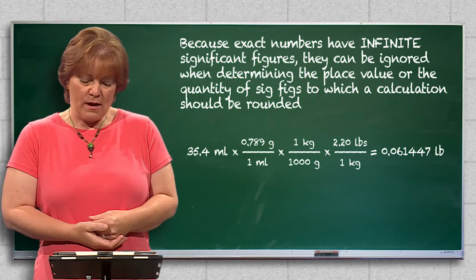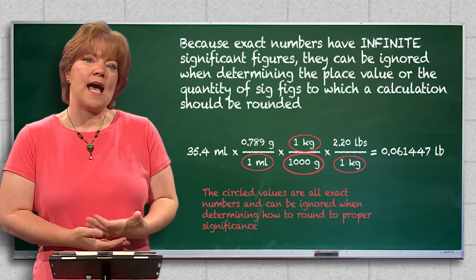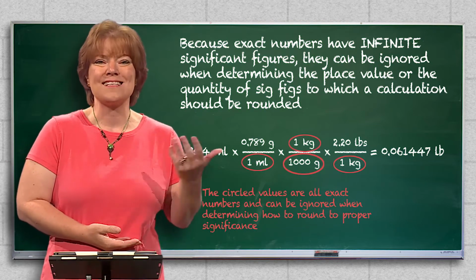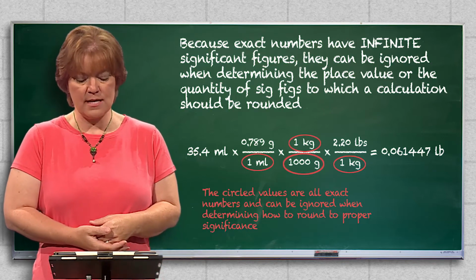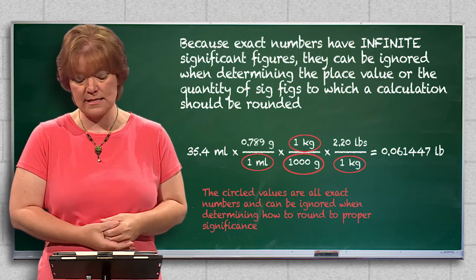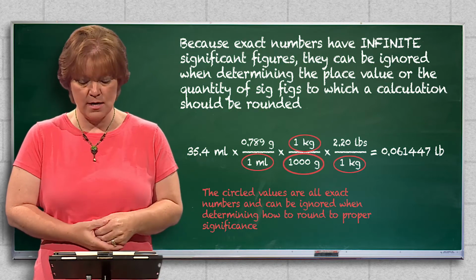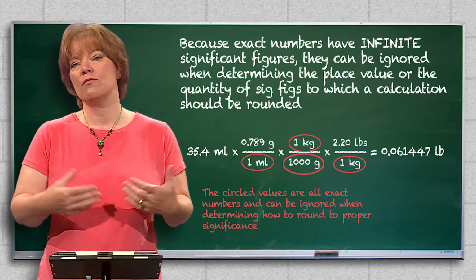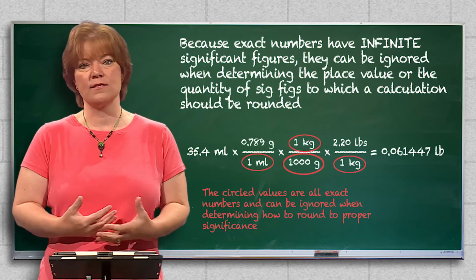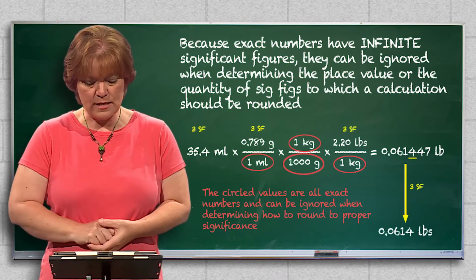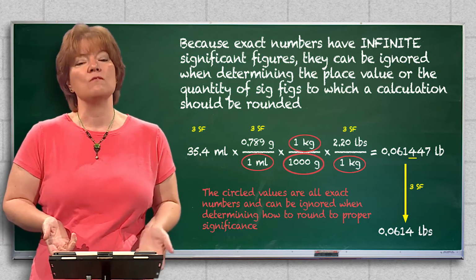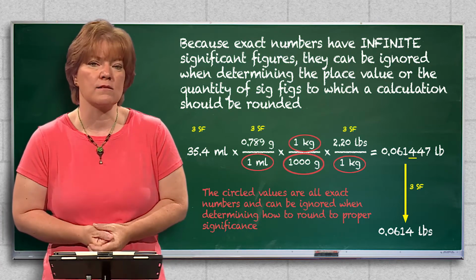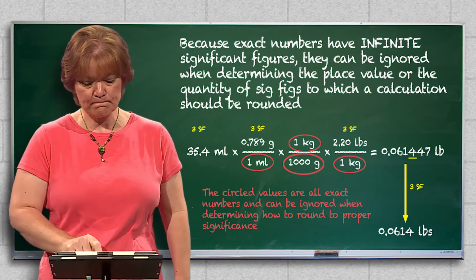When we decide on rounding, notice that the ones in red are all exact numbers. 1 kilogram is exactly 1,000 grams. The 1 milliliter in the per milliliter of that's a density, 0.789 grams per milliliter, and that 1 kilogram, those are my exact numbers. So we can ignore the significant figures in those, and we only need to look at the significant figures in the other values. In this case, they're all 3 significant figures, so we'd need to round the final answer to 3 significant figures.